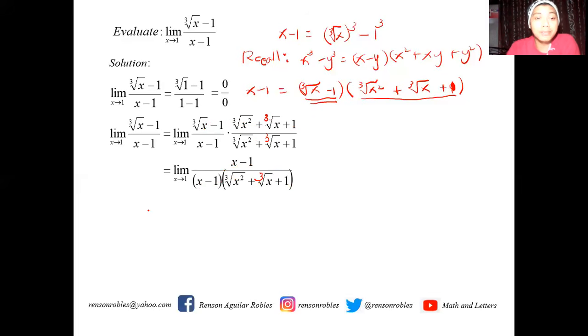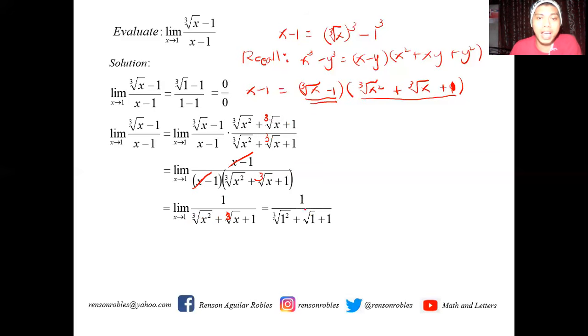Okay, and then finally we can cancel this out. Then we now have the limit of 1 all over cube root of x squared plus cube root of x plus 1 as x approaches 1. And then we can now replace x by 1 to evaluate its limit.